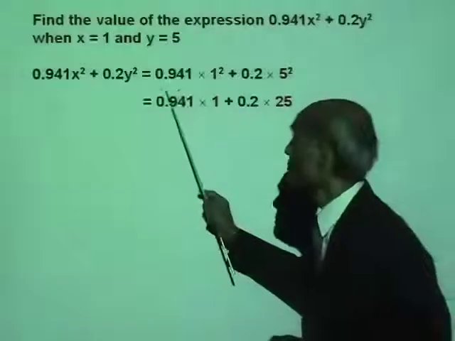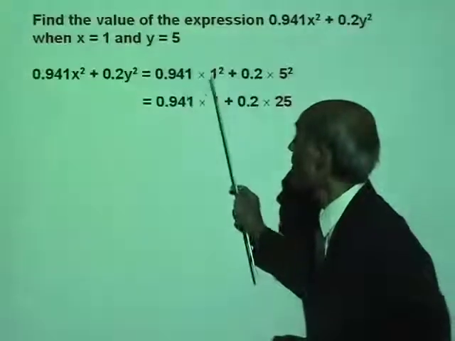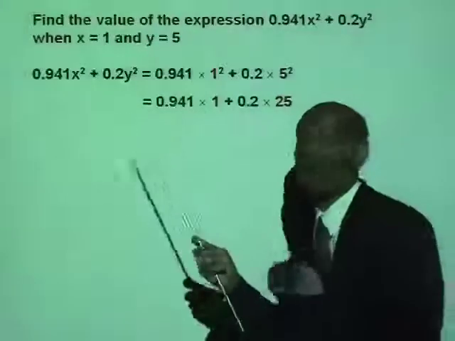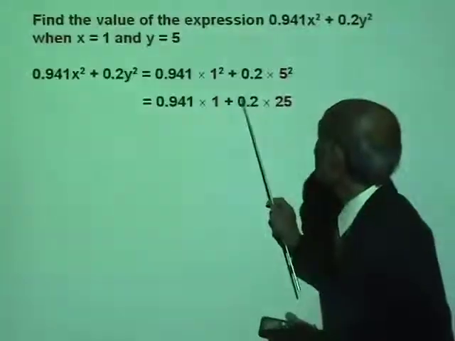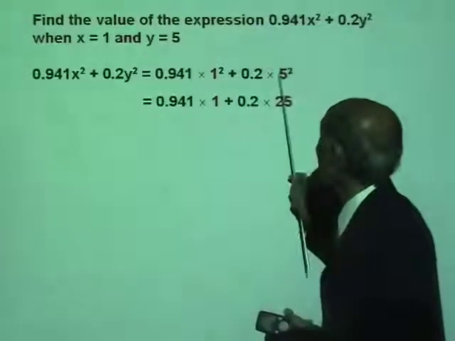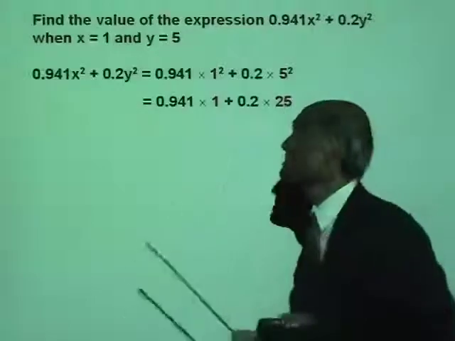Alright, and that is 0.941 multiplied by 1 squared, which is simply 1, plus 0.2 times 5 squared, which is 25.